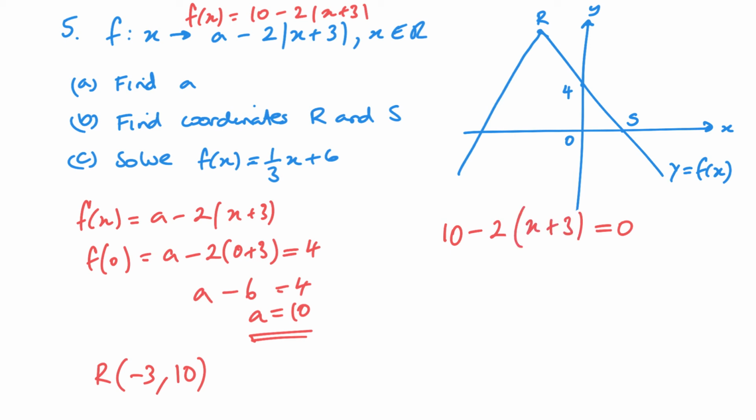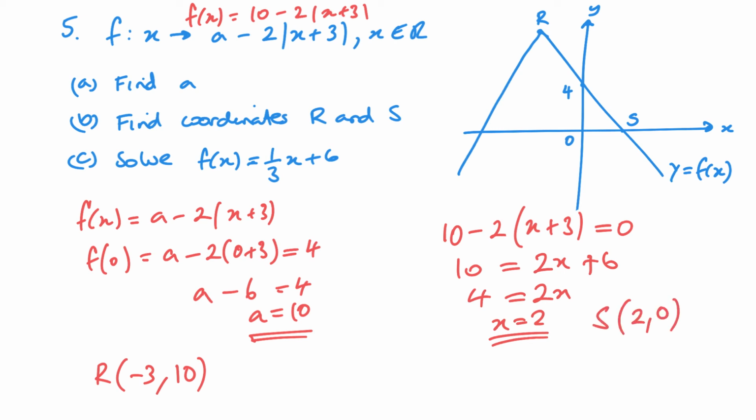So I keep it as it is in terms of the signs. So 10 equals, I'm going to take this across the other side and expand it as well. So 2x plus 6, 2x equals 4, x equals 2. So my coordinates for S is 2, 0.